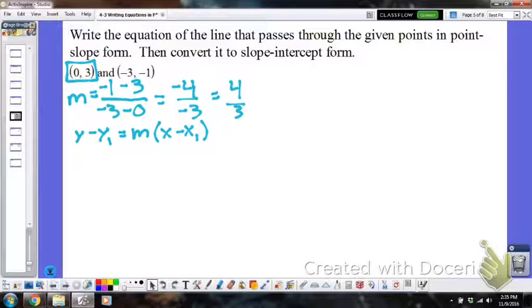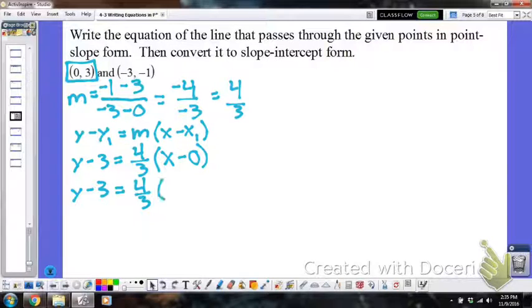So I'm going to substitute that point 0, 3 and my slope into my point slope equation. So I'll have y minus y1, since we're using 0, 3, it's going to be y minus 3, equal to my slope, 4/3, times x minus x1, so x minus 0. Do a little bit of simplifying here. Y minus 3 is equal to 4/3 times x. So that is my point slope form.